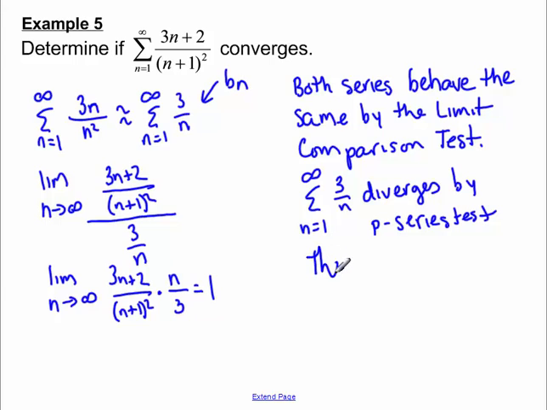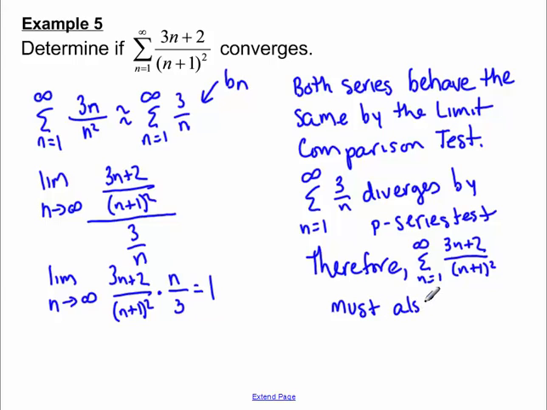Therefore, our 3n plus 2 over n plus 1 squared must also diverge.